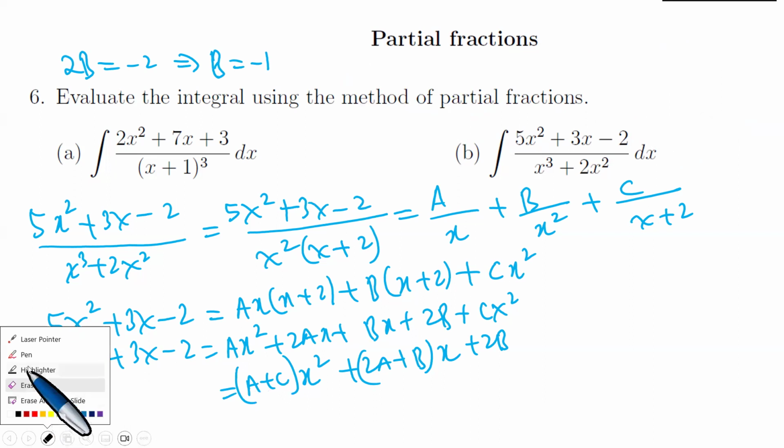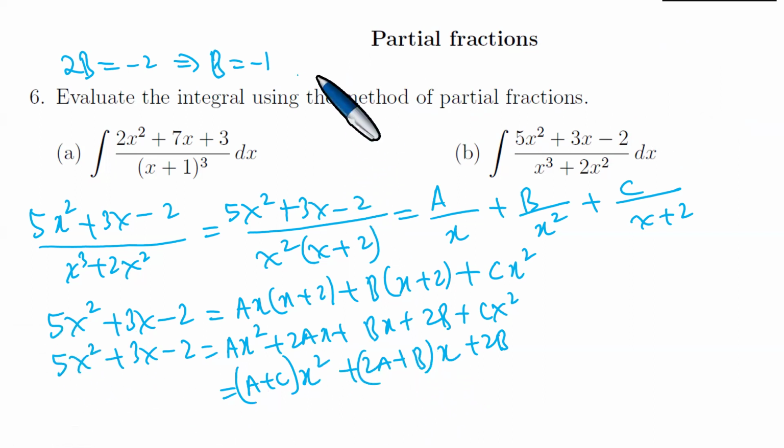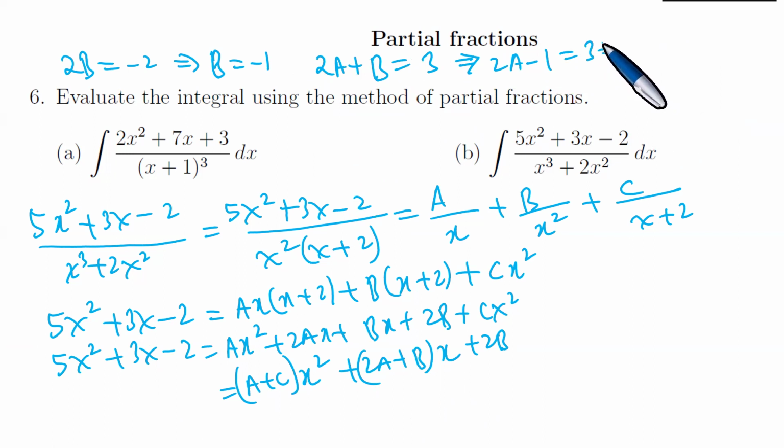The 2a plus b coefficient of x on the left must be equal to 3. So two a is 4, a is 2. Then a plus c is 5, but you already have that a is 2.